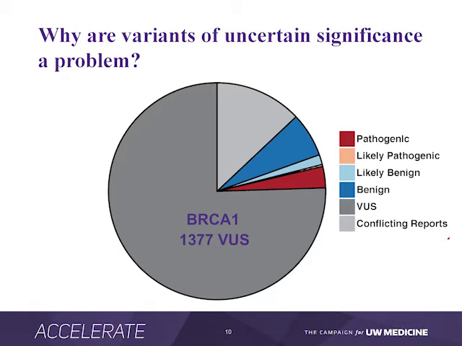The problem with variants of uncertain significance is that when these test results come back, these people know they've got breast cancer in the family, and then they're told they've got a variant of uncertain significance. Even the doctors really don't know what to do with that.